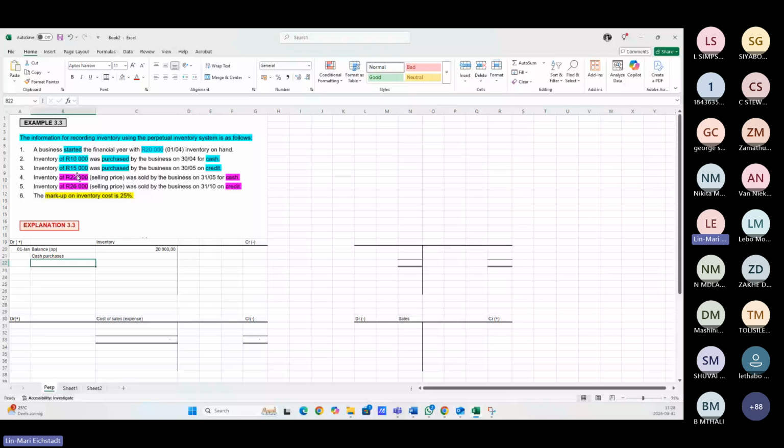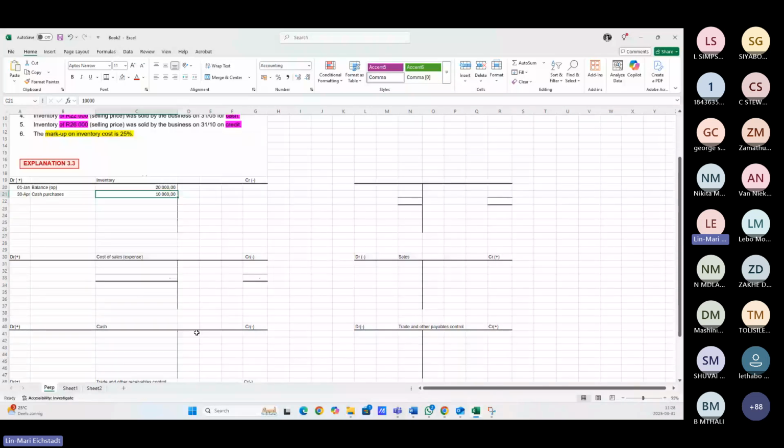This was on the 30th of April. 10,000, and then we have the contra account of this, right? Because it's a cash purchase, our inventory increased, and our cash needs to decrease. So on the 30th of April, we also decreased our cash, and the contra account was inventory. So why did we decrease our cash? Because we purchased inventory of 10,000.